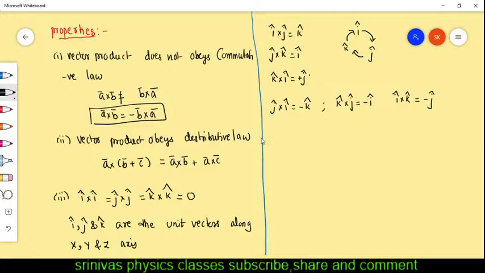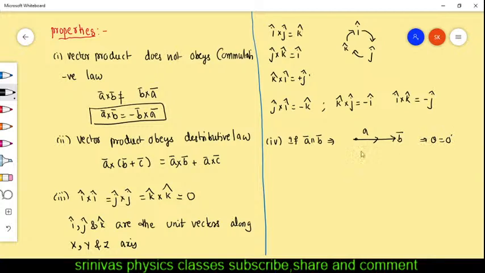Okay, and next I am going to explain one more important point. If two vectors are along the same direction, if a bar is parallel to b bar, that means a bar is right side and the b bar is also right side, the angle between the two vectors is 0 here.